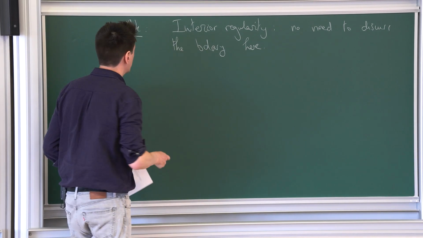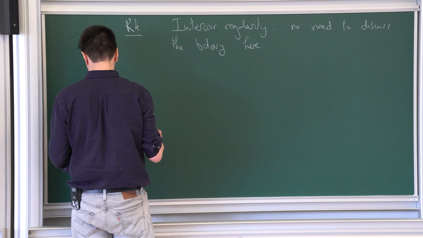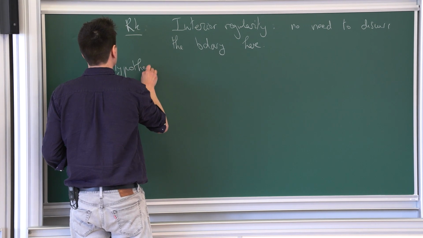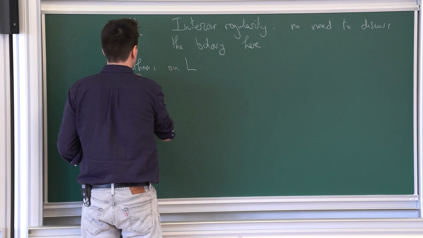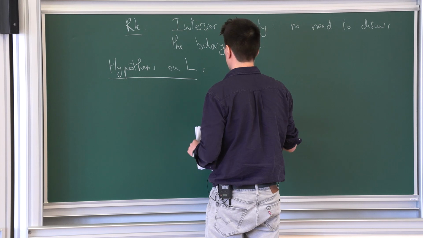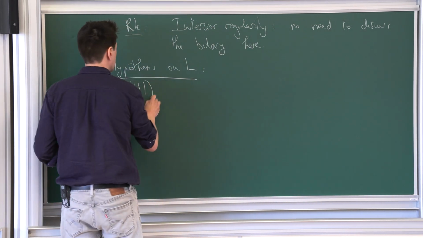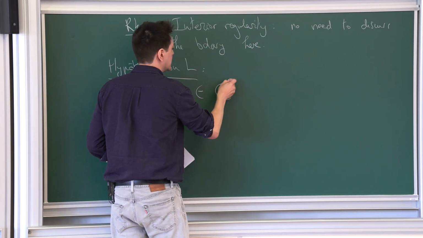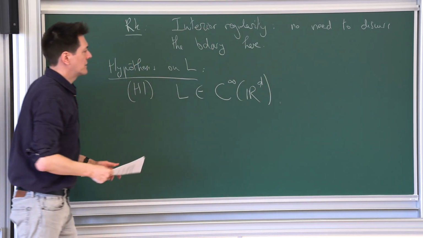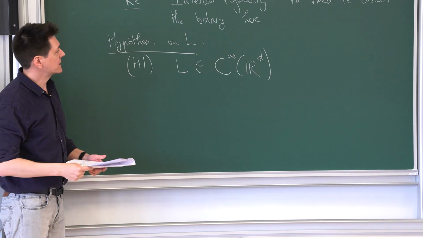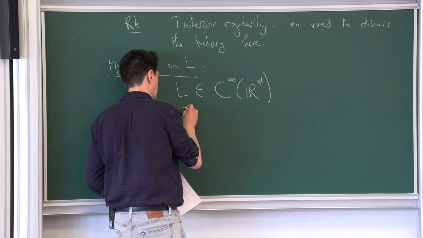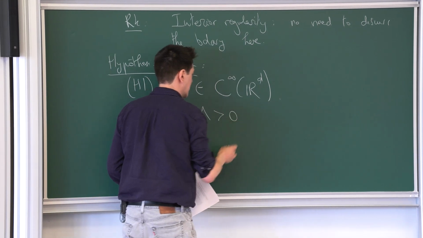Okay, so now let's make some hypotheses on L, sorry. Typically, we want to assume the following. L is a smooth function, that is reasonable in physics. The second one is a little bit more audacious.